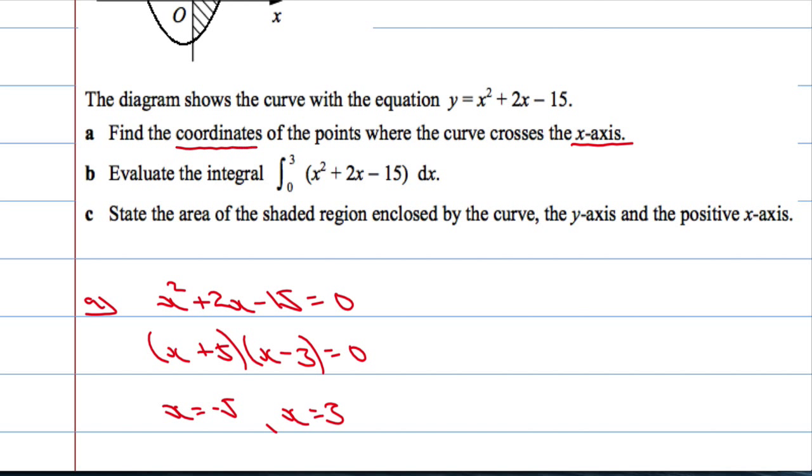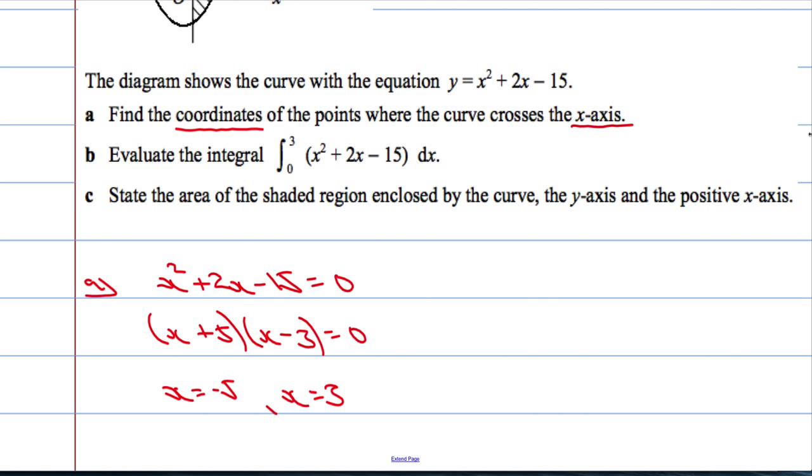Now we're asked for coordinates, so let's work out the corresponding y value, substituting negative 5 in here. Negative 5 squared is 25. Subtracting 10 and then subtracting 15. Well, it should be fairly obvious that both values should be equal to 0.